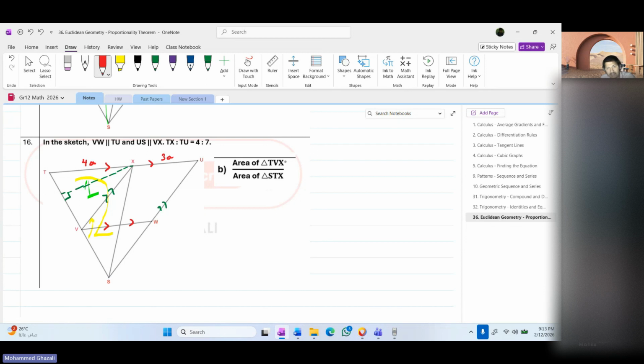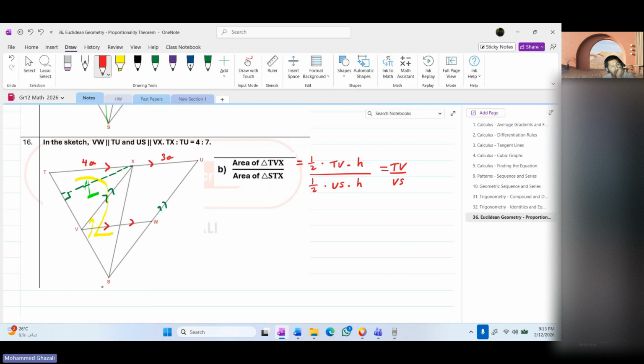So let's see, half, what's the base of TVX? TV times height, half, VS times height. So what we're getting is TV over VS, but we need to find what TV over VS is. We can use the proportionality theorem, yeah? Which triangle should I use here now?